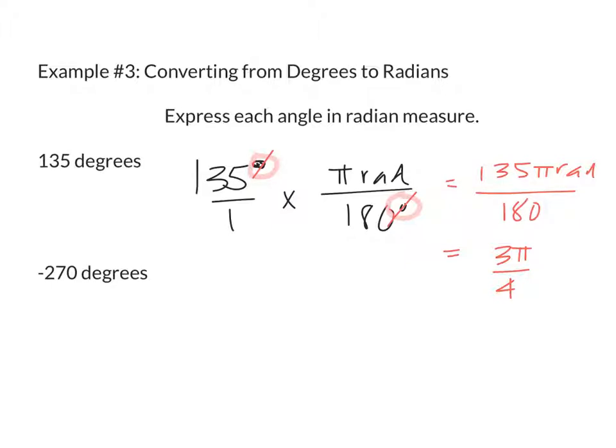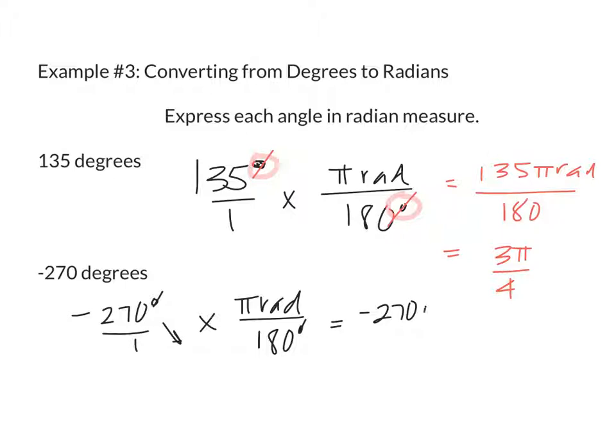All right, the negative 270 degrees, again, we set it up as negative 270 degrees over 1. Because you want them to cancel diagonally, I'm going to multiply by pi radians over 180 degrees, so that my degrees will cancel. So technically, I'm left with negative 270 pi over 180.